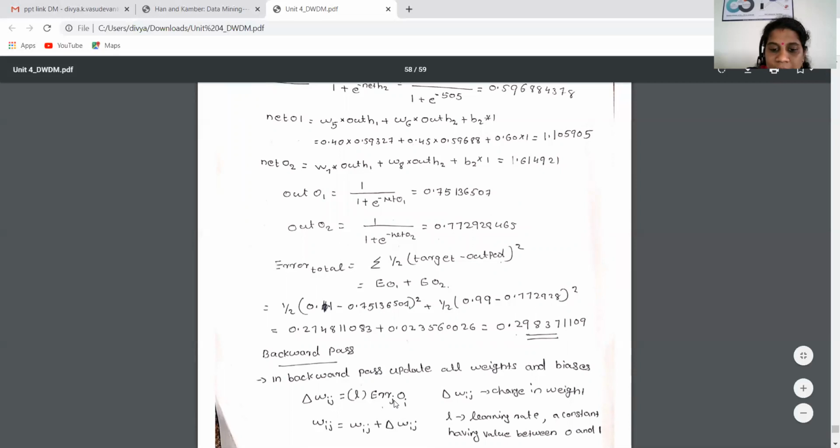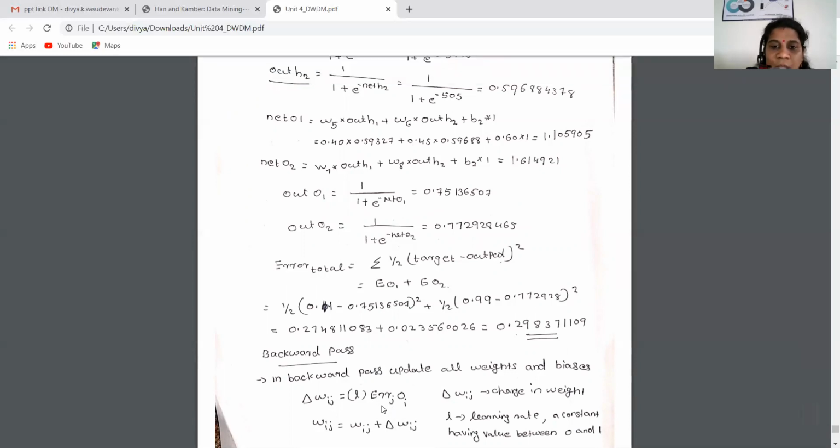L into error J into OI, where L is the learning rate, a constant value that can be between 0 and 1. We can take any constant value between 0 and 1, and it is known as the learning rate. Suppose I want to change the weight W11, so I is 1, J is 1.